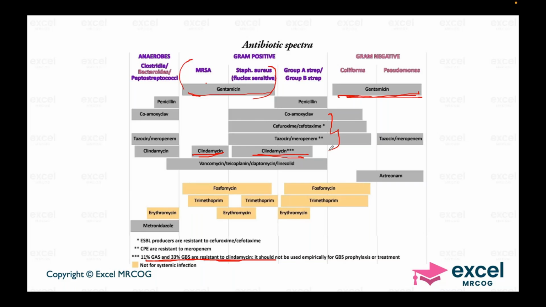Then another thing that you need to know is for pseudomonas, another antibiotic is aztreonam. And these are specific for MRSA: linezolid as well, remember that. Your vancomycin, teicoplanin, linezolid, daptomycin. Metronidazole is always anaerobes. So this is what you need to remember for your exam.